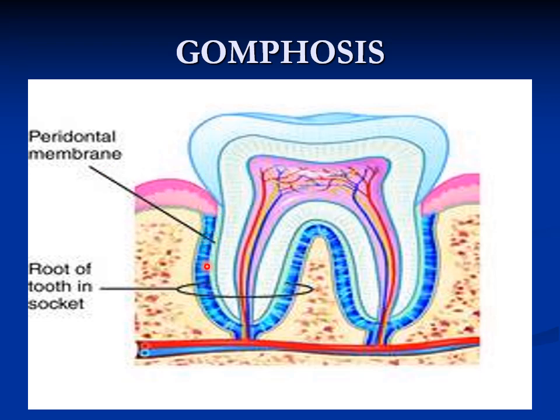So this is the periodontal membrane which unites the tooth into its respective alveolar socket. So this peg fitted into a socket is a typical example of gomphosis.